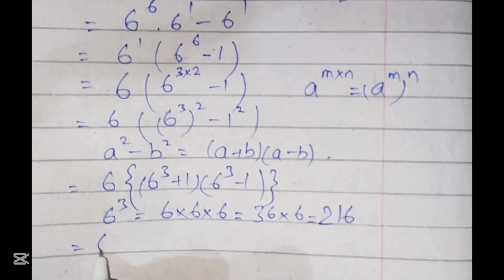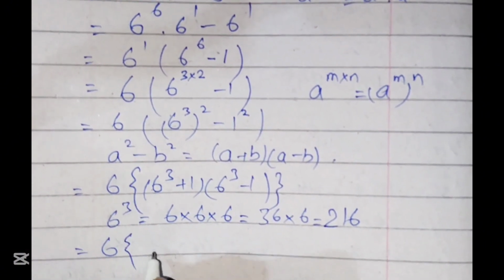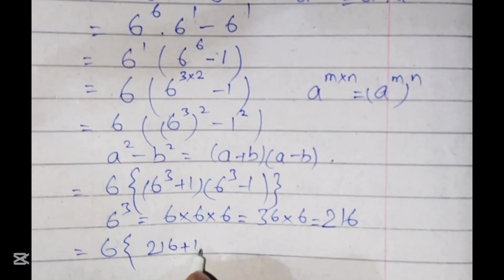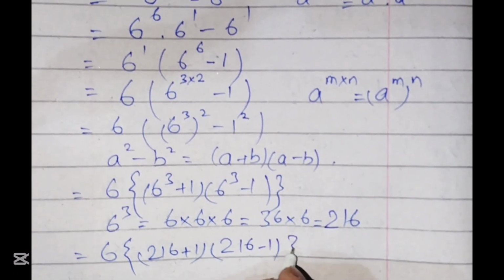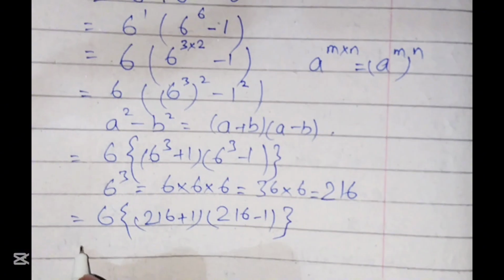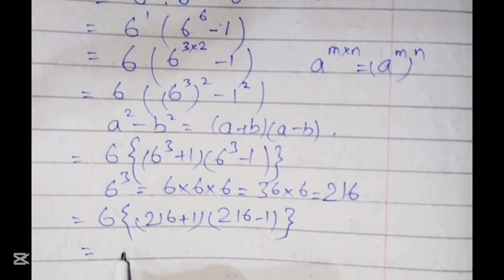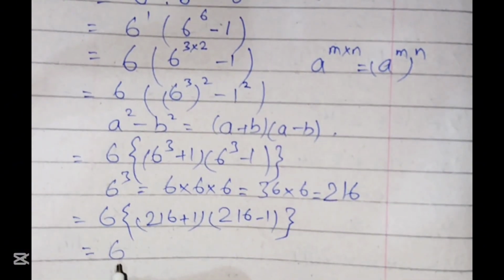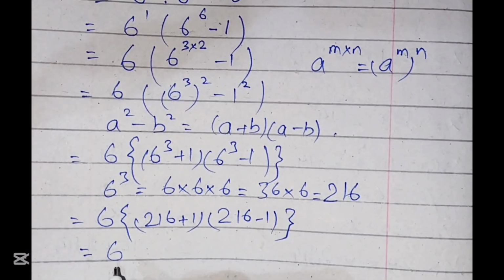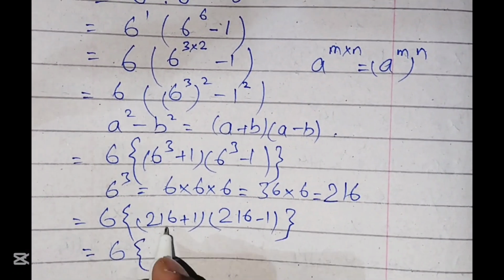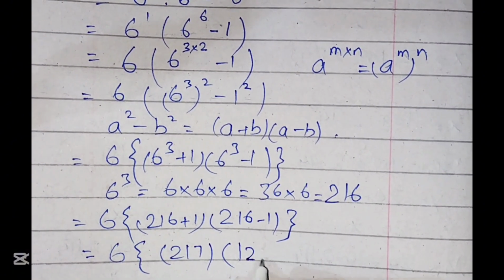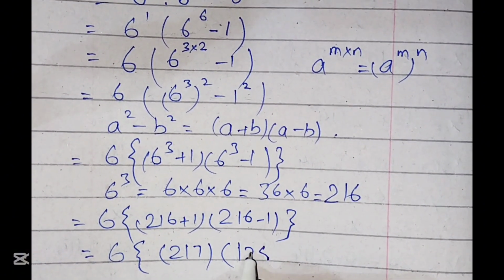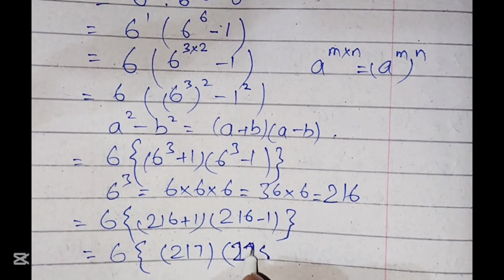So it will be 6 times 216 plus 1, 216 minus 1. It is 217, and this is 215.